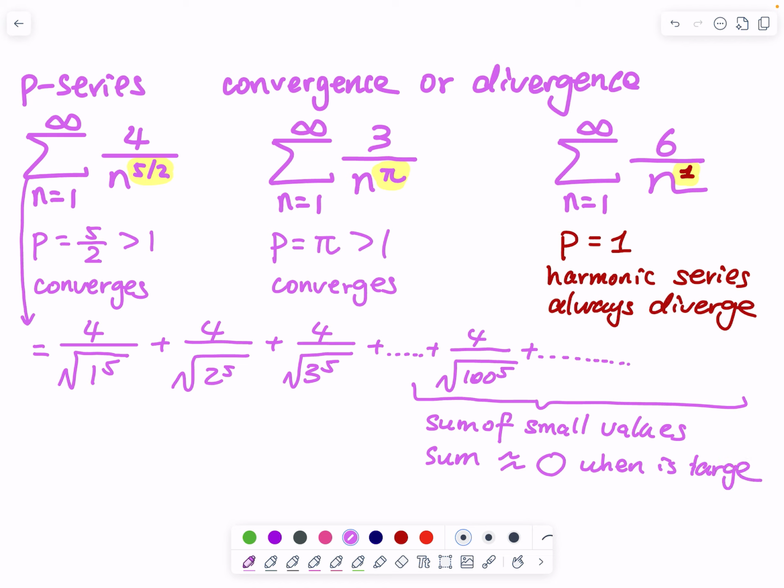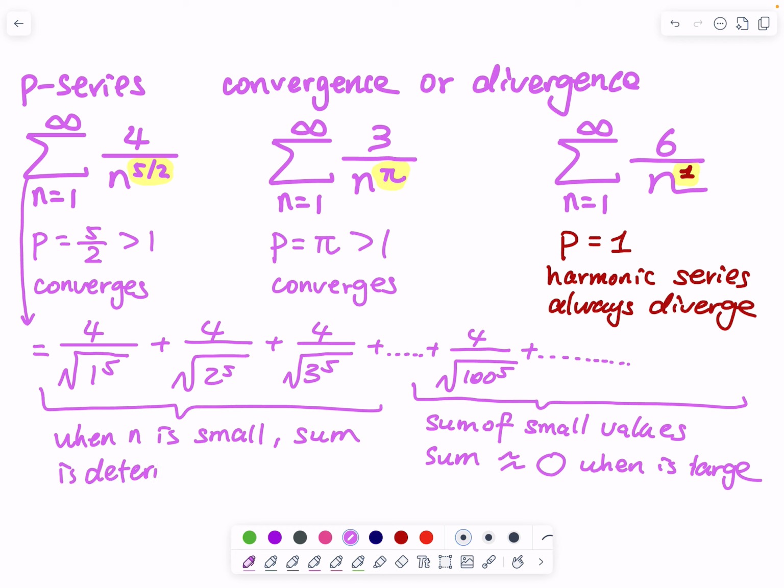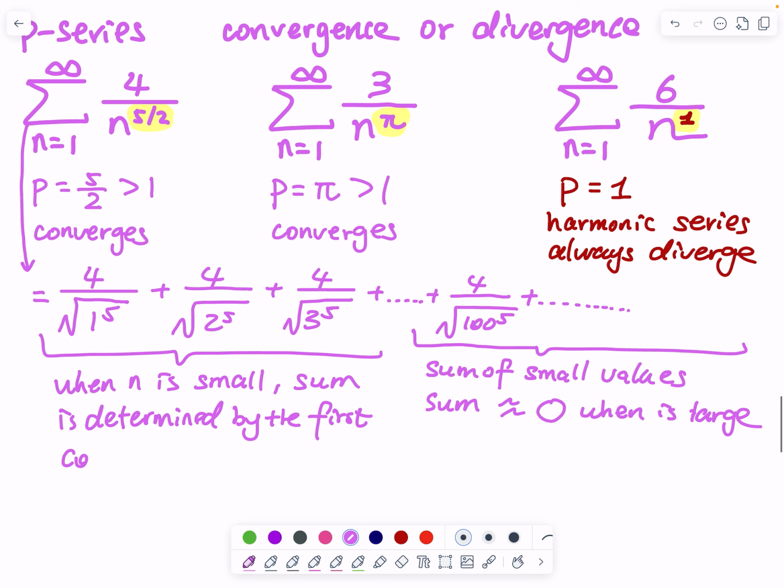That means the sum is determined by the first couple of terms when n is small.